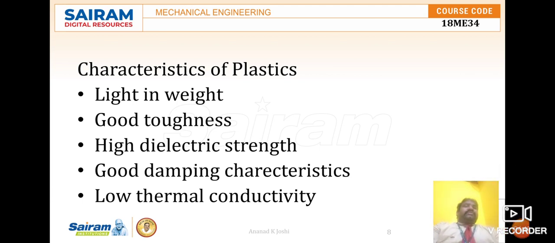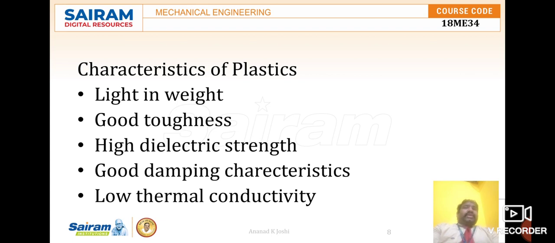For the characteristics of plastics, we have made some points. First, plastics are light in weight, and at the same time possess good strength and rigidity. They also possess good toughness and a low coefficient of friction. They have high electric strength and low thermal conductivity, making them suitable for electrical insulation.